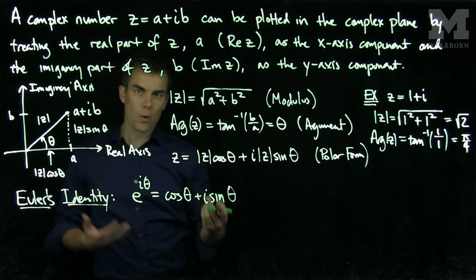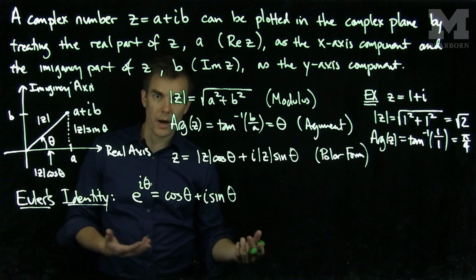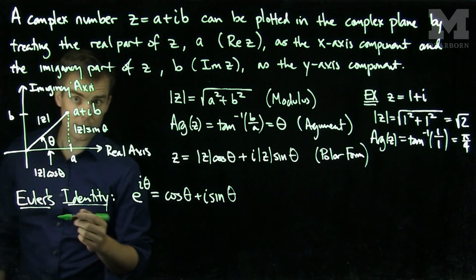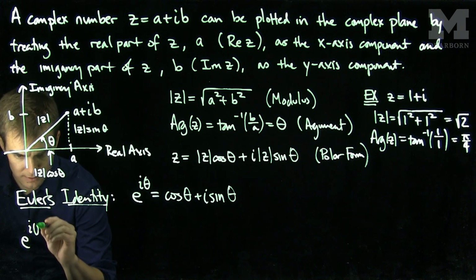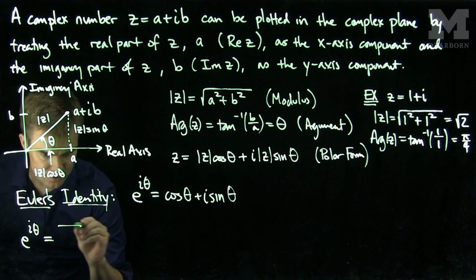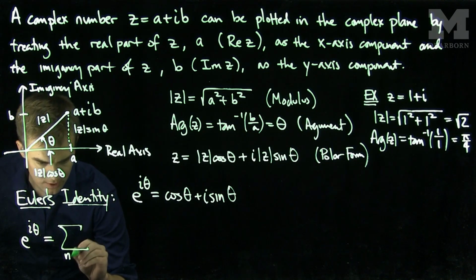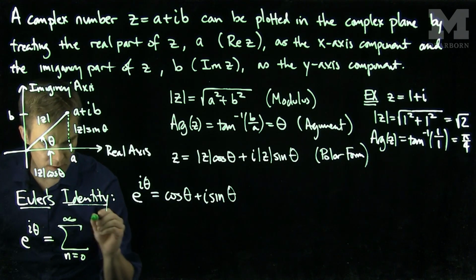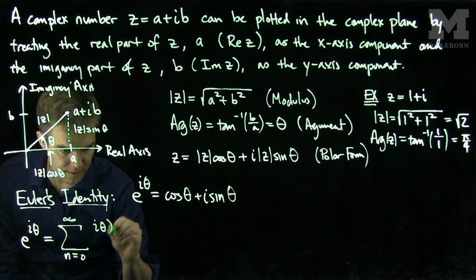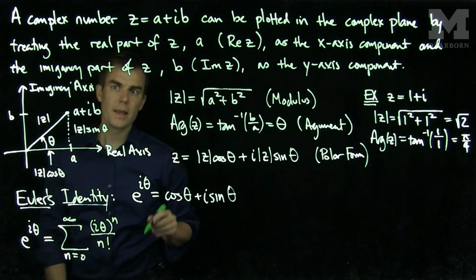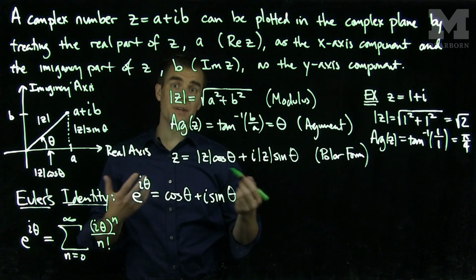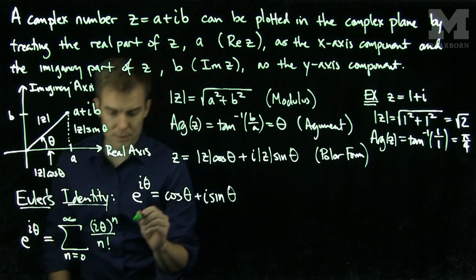We can see how Euler's formula is derived by using the Taylor series expansion for e to the x. I look at the expansion for e to the i theta, and I write this in its Taylor expansion as the sum, n goes from 0 to infinity, of i theta to the n over n factorial. And now I break the Taylor series into the even terms and the odd terms.